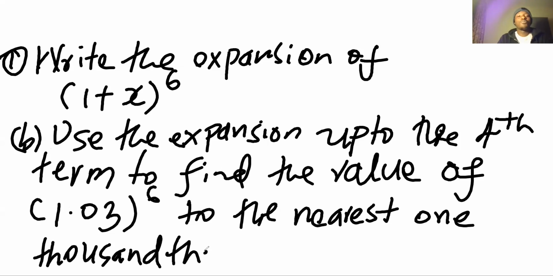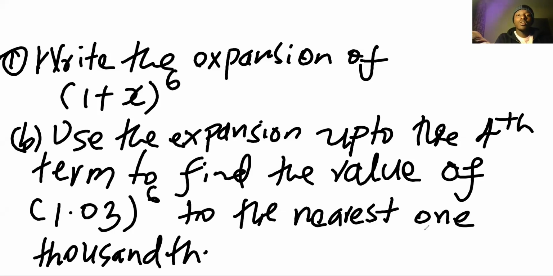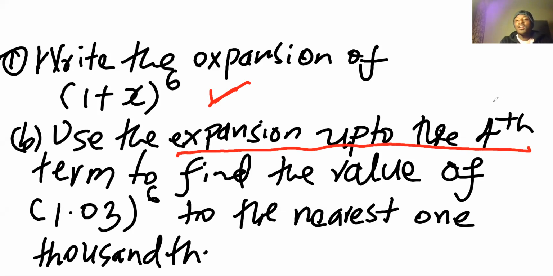So this is a very important question, and I'm so happy it's the first one. Let me just use the red to highlight the difference. This is the first part of the question that we are going to solve. Then look at the second part. They say use the expansion to the fourth term.